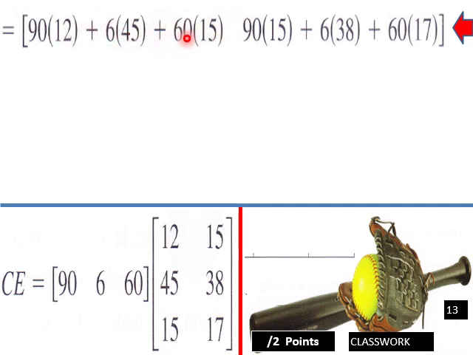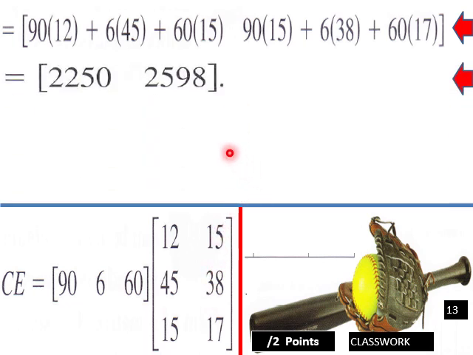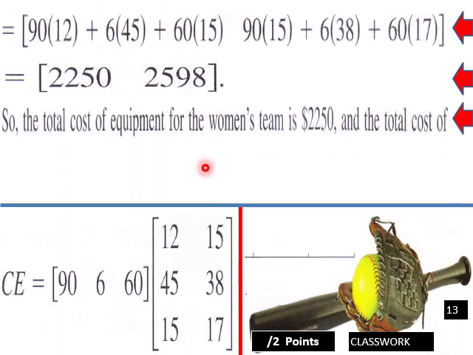These are our products: 90 times 12, 6 times 45, 60 times 15, 90 times 15, 6 times 38, and then 60 times 17. And then we can add that up, and we get 2250, 2598.